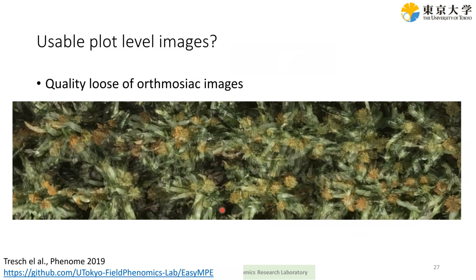Why? For example, for the case of this head detection, if you are looking at the orthomosaic images, which are stitched from the original pictures, you can tell that a lot of quality is lost in the orthomosaic. This is very difficult for people who are willing to build their own machine learning and image processing pipelines for this kind of job.